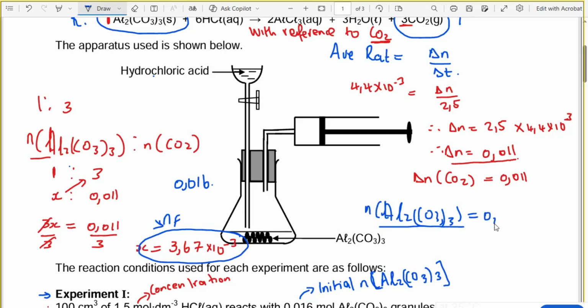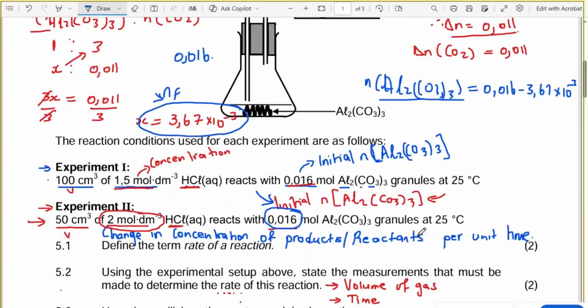So to find this, we take the 0.016 minus that 3.67 times 10 to the power minus 3. I know this is the complicated way, but I prefer that we stick to the first method. The answer that you get is the number of moles for that aluminum carbonate.